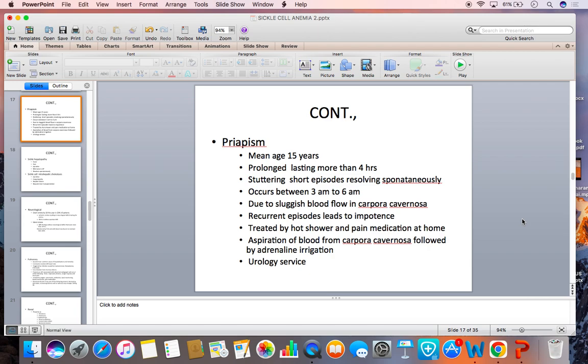Then priapism. Mean age is around 15 years. Prolonged, lasting more than 4 hours, or stuttering short episodes resolving spontaneously.